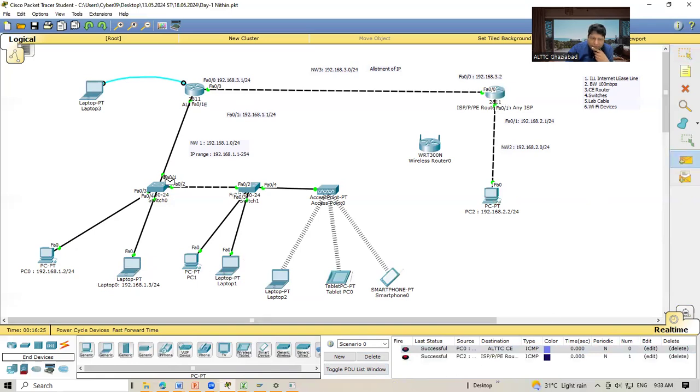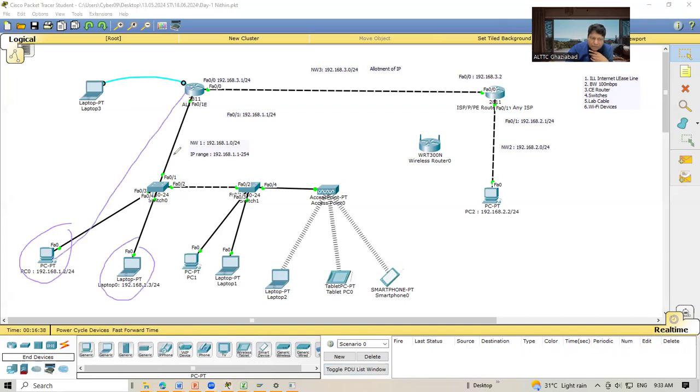And from this router to this router, also successful. Within a campus, from this router, this computer to this laptop, all are successful. So within the same network it is successful.